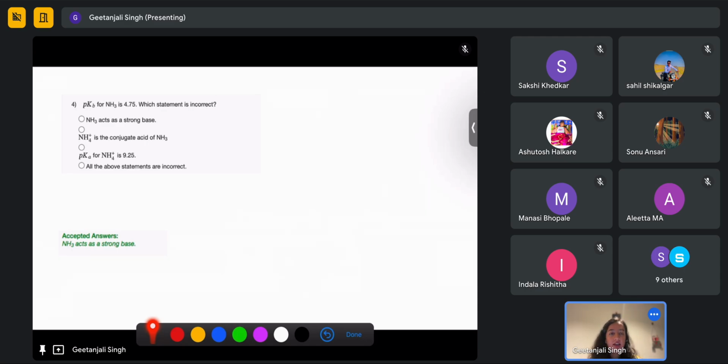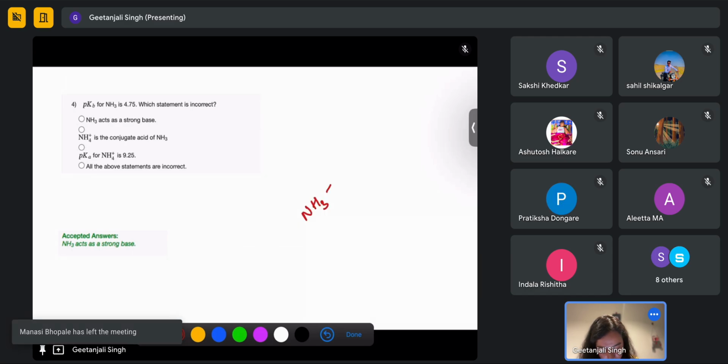Good. Everyone is right. NH3 acting as a strong base is the incorrect statement. We know NH3 with a pKb of 4.75 is not a strong base, it's actually a weak base, because NH3 present in aqueous medium does not dissociate completely.